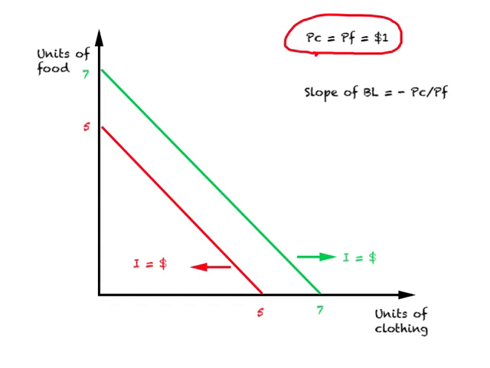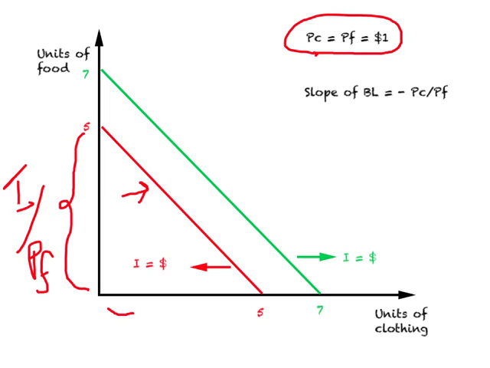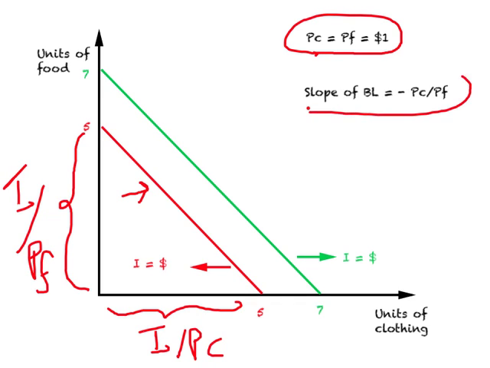Suppose we are looking at this red colored line, still call it budget line, and based on our discussion of budget line on the consumer side, the intercept on the y-axis will be income divided by price of food, and the intercept on the x-axis will be income divided by price of clothing, and the slope of the budget line or this line will be negative PC by PF.